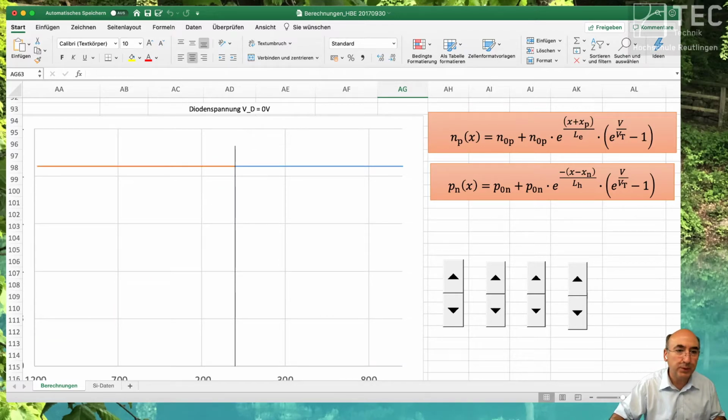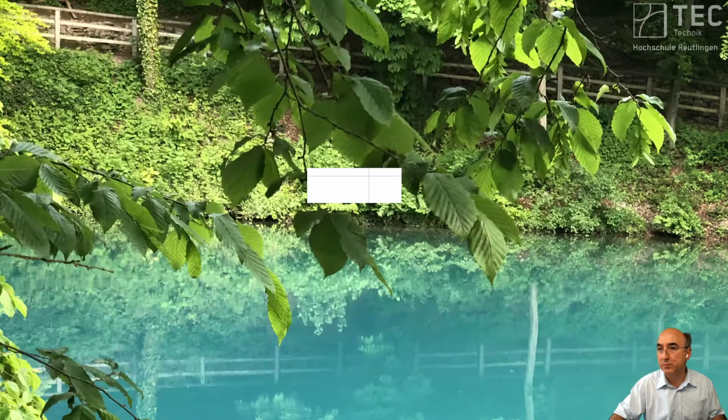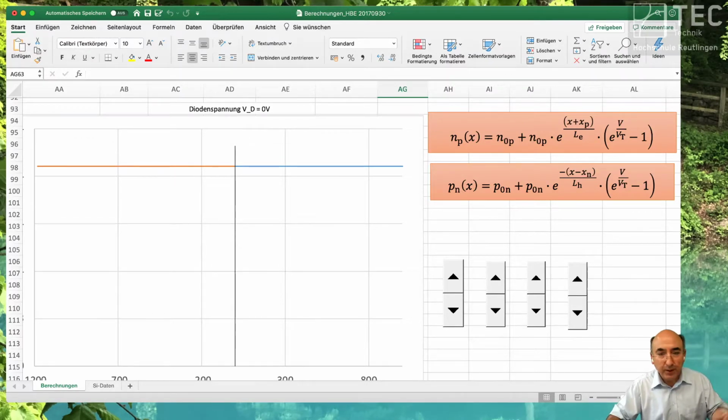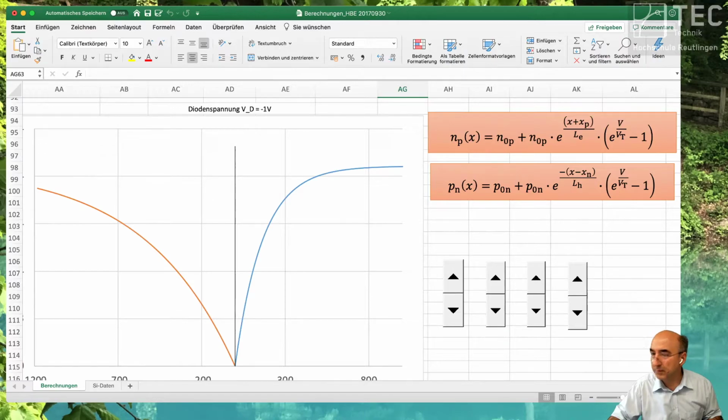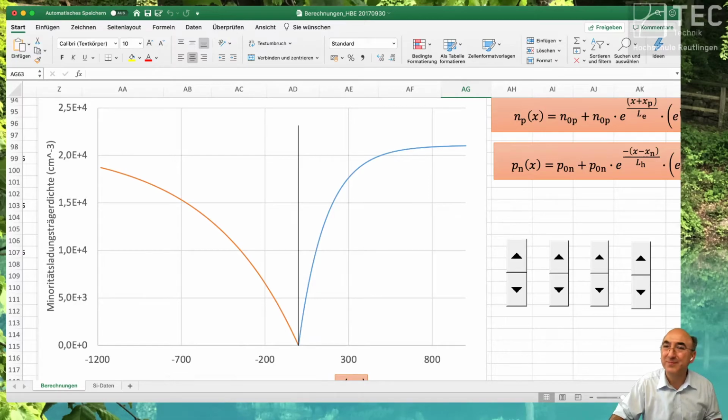Okay, at 0 volt, we have the minority carrier concentration, undisturbed, because no voltage. Now we apply minus 1 volt. Click. Here we have 0.